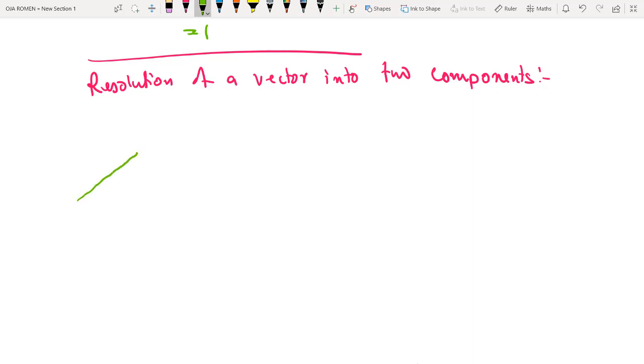Now we have a vector. This is the x-axis. The vector makes an angle theta with the x-axis.